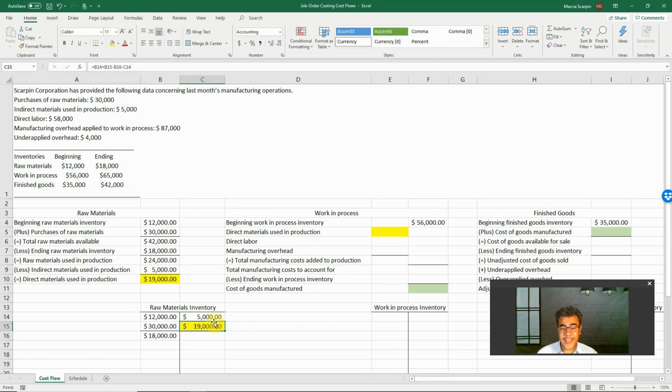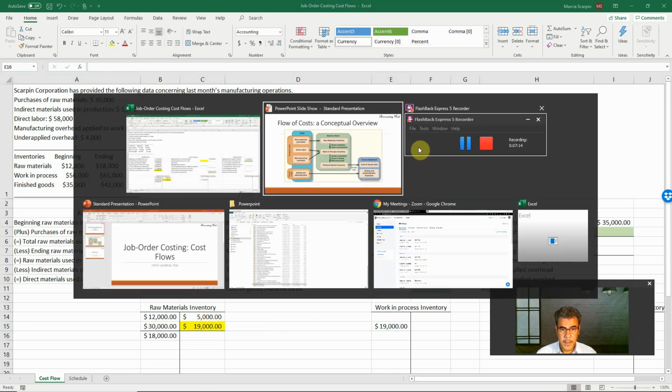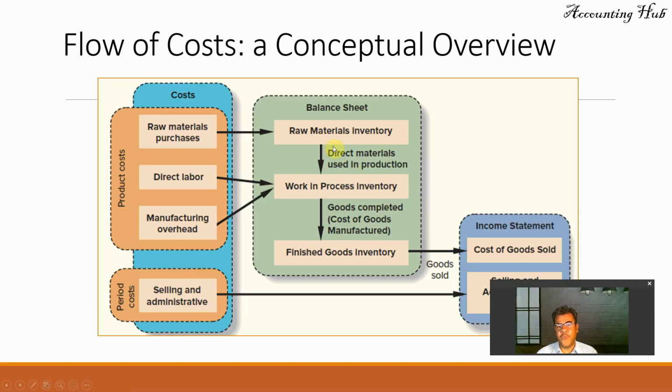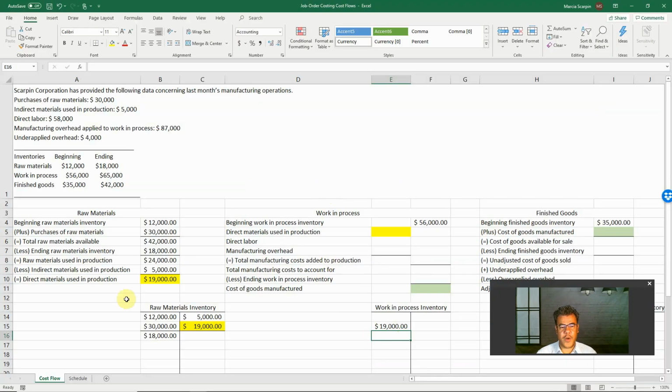So we credit raw materials and we debit work in process inventory. Why? Because we are moving these direct materials from raw materials to work in process. Okay, so debit work in process, credit raw materials. So direct materials used in production, 19. Direct labor, 58.